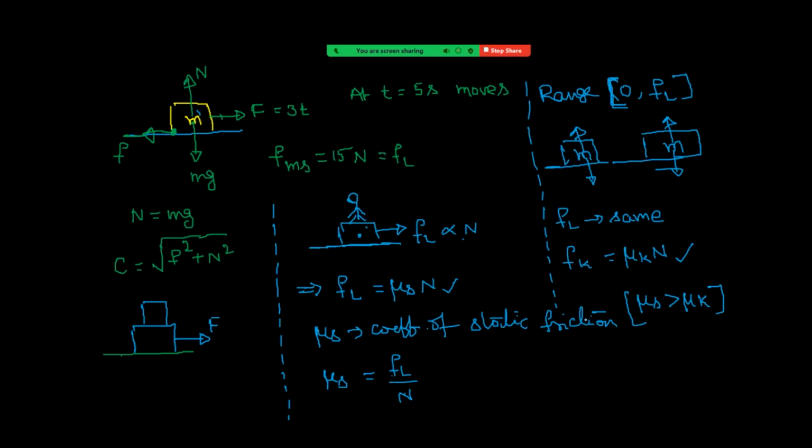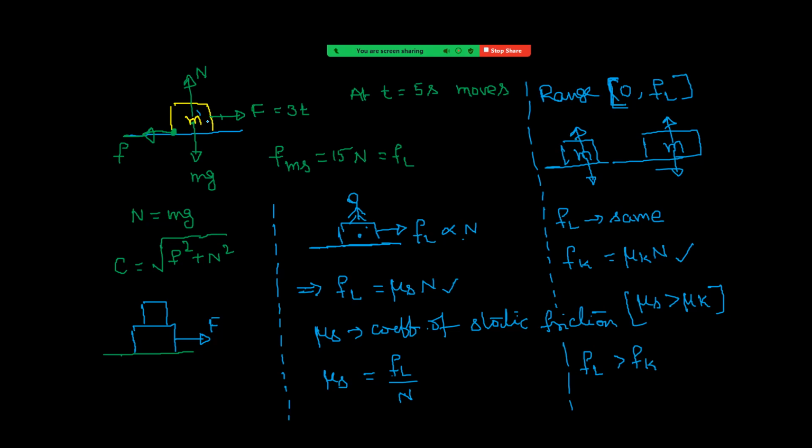So from this what I can say is limiting friction is always greater than kinetic friction. See how to understand this point. In this problem, we have to apply 15 Newton to bring the block into motion. But once the block comes into motion, to maintain constant velocity, there is no need to apply 15 Newton.